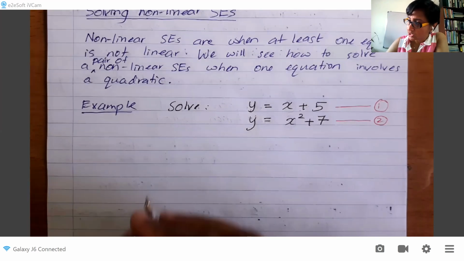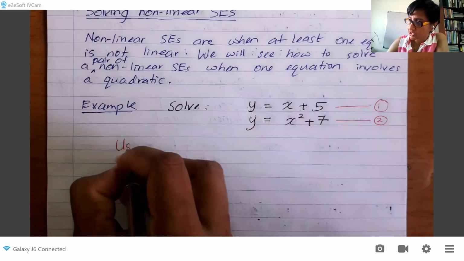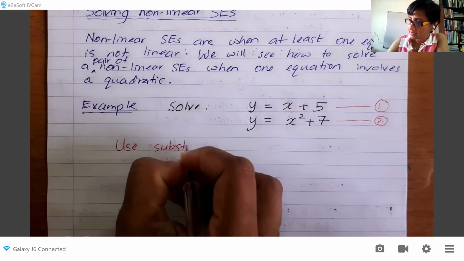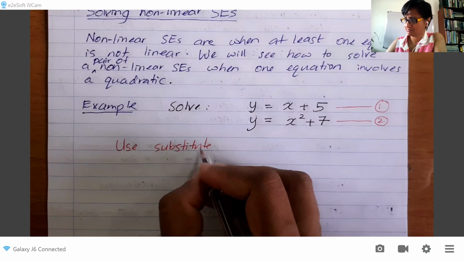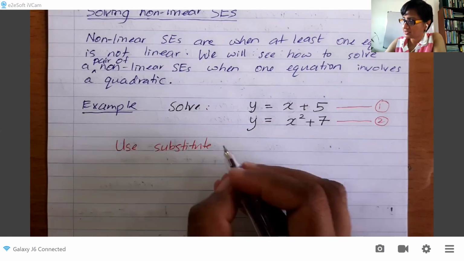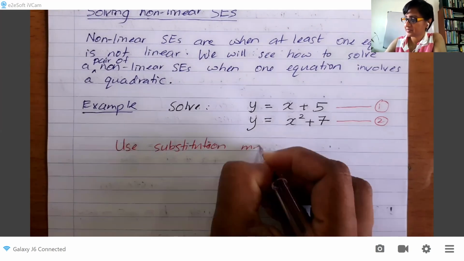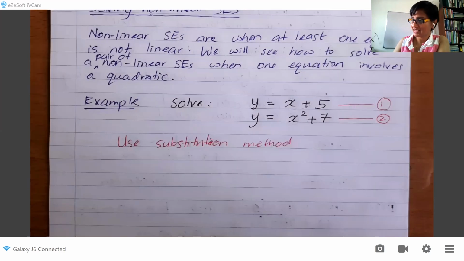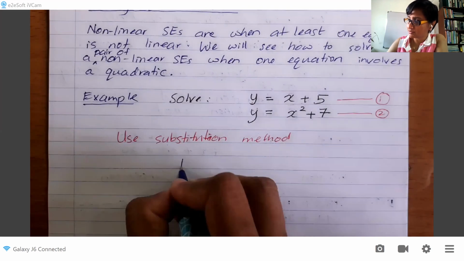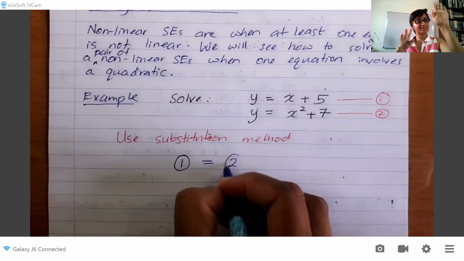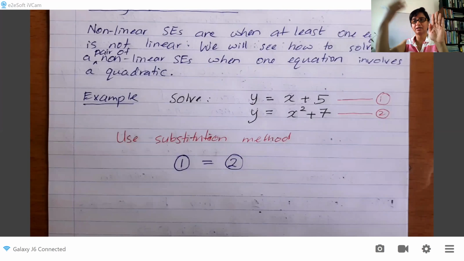So let me write, use substitution method. Simply you can say 1 is equal to 2 because I have the same letter equated to two things.